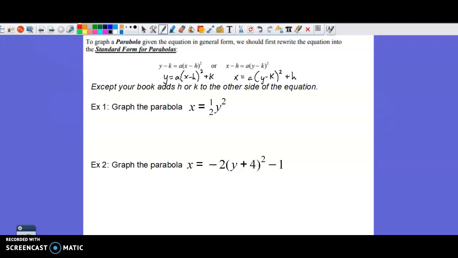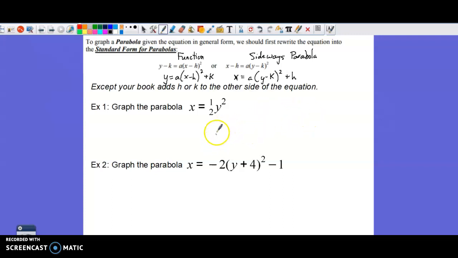So what is the difference between the two of them? Well, if you notice this first one, y equals yada yada yada squared, this was the function one, so it passed the vertical line test. We've done those before. When you have x equals y squared, this is the non-function, so this would be the sideways parabola. So instead of opening upwards and downwards, we're opening to the right or to the left.